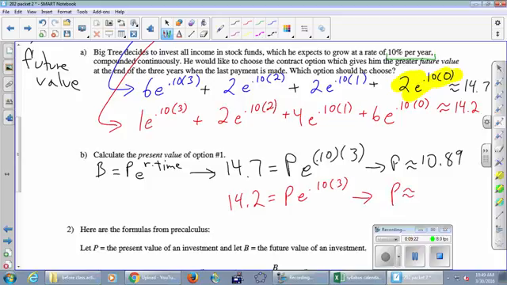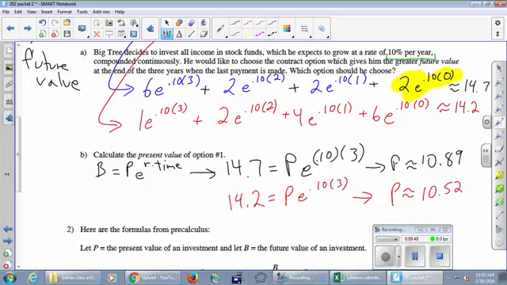Anybody have the other one for us? Okay, and so these are present values, also comparable. Also, of course, the first option is greater than the second one, right?